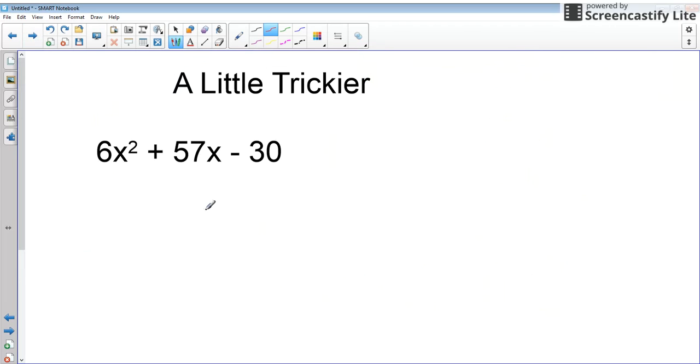Now, I want to give you a bonus one, because this one we have a negative sign. And I do want to keep in mind that because of this negative sign, remember the rule? Factors of 30 that subtract to give us 57. Oh my gosh. So this time, basically, here's your square.